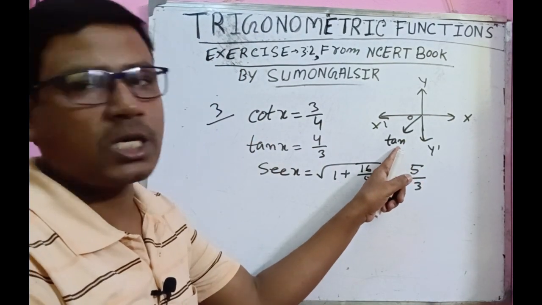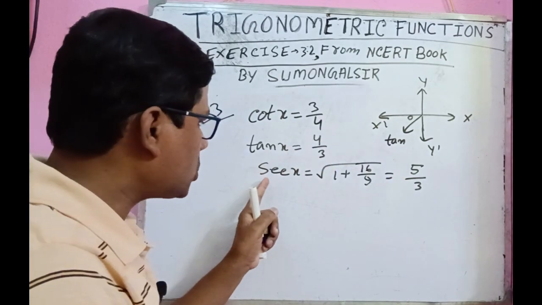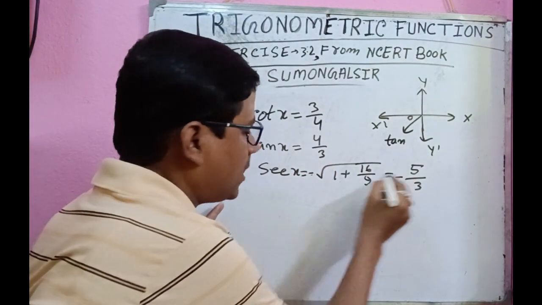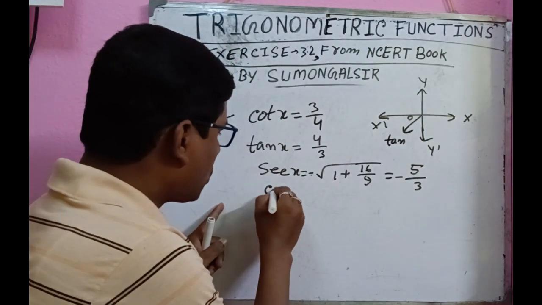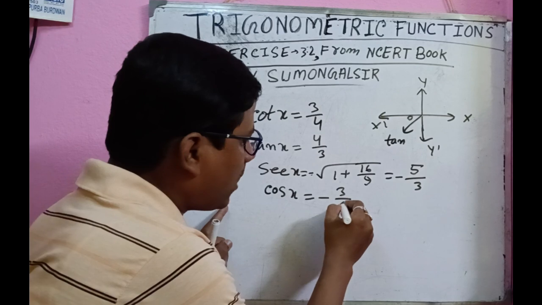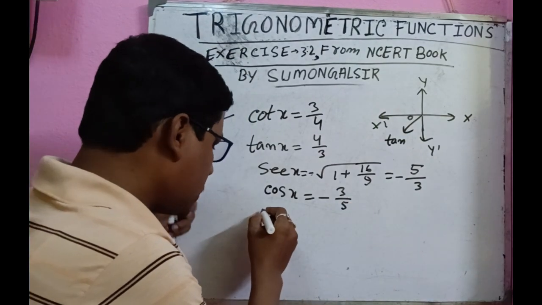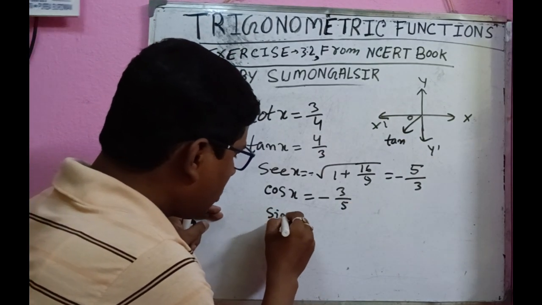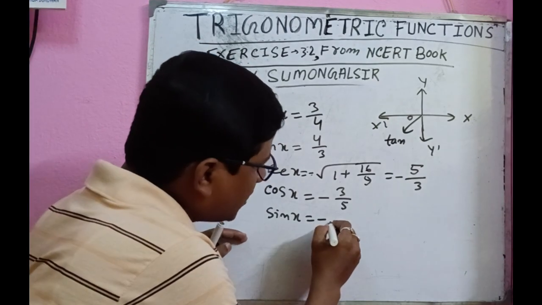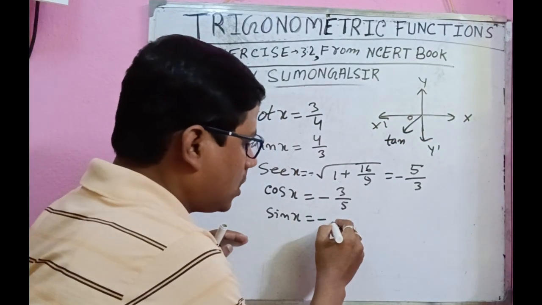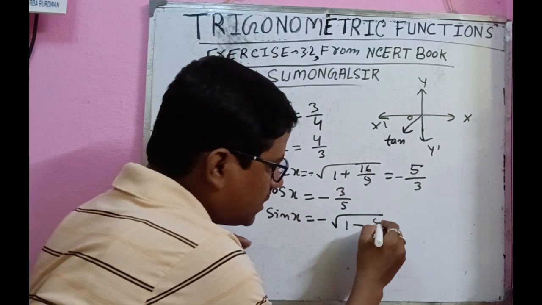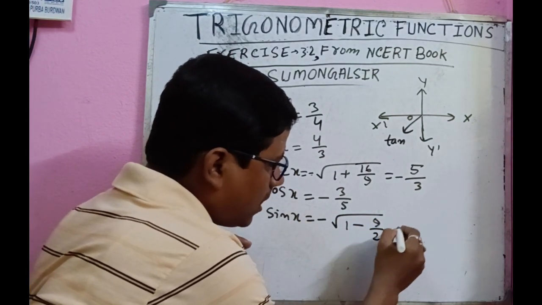Since we are in the third quadrant, sec x will be minus. So this is the minus. Now cos x will be minus 3 by 5. Now using this, sin x is equal to minus root of 1 minus cos square, since it is the third quadrant, that is 9 by 25.